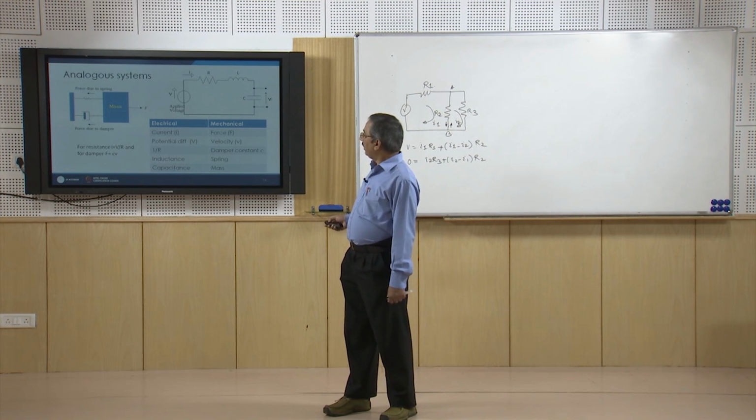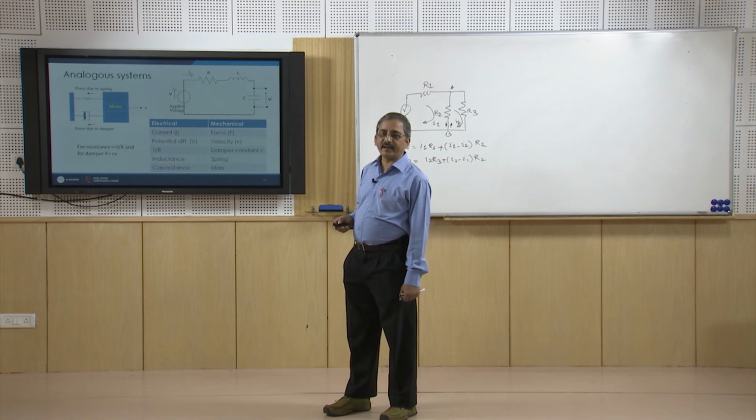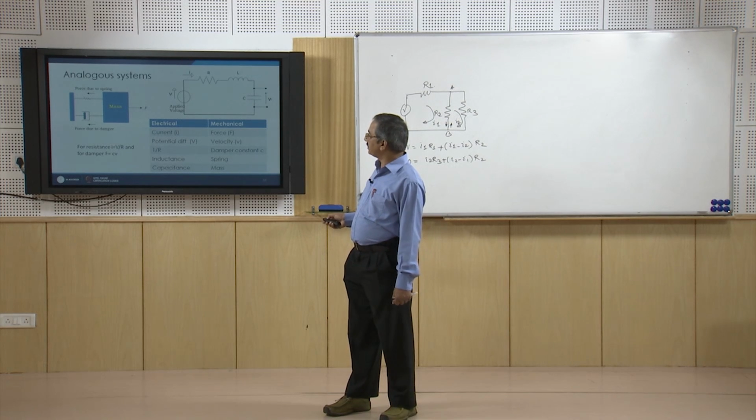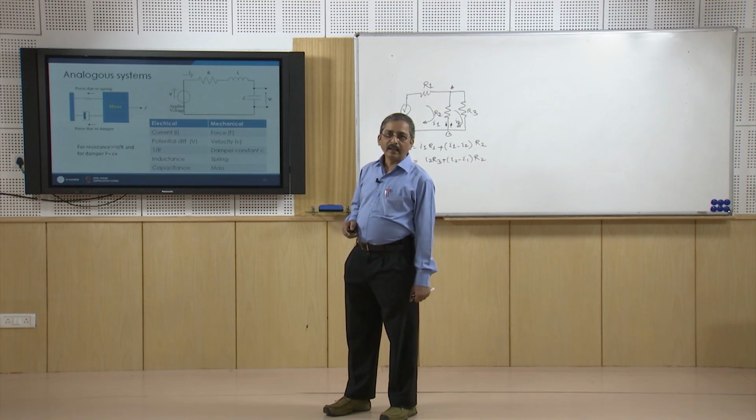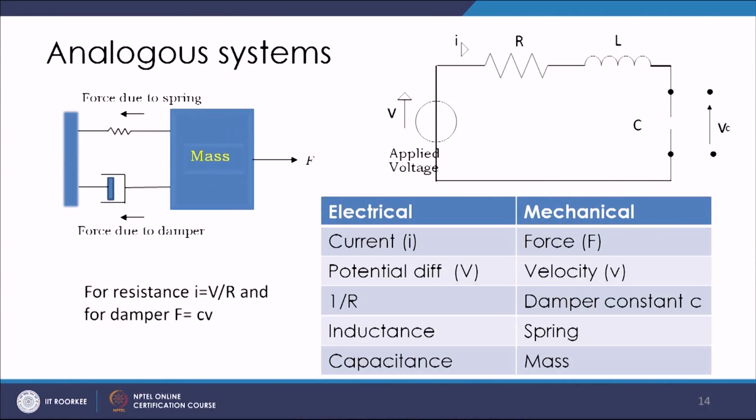The expression for resistance in an electrical circuit is I is equal to V by R, and for a damper in a mechanical system, F is equal to C into V, where F is the force, C is the damping coefficient and V is the velocity.